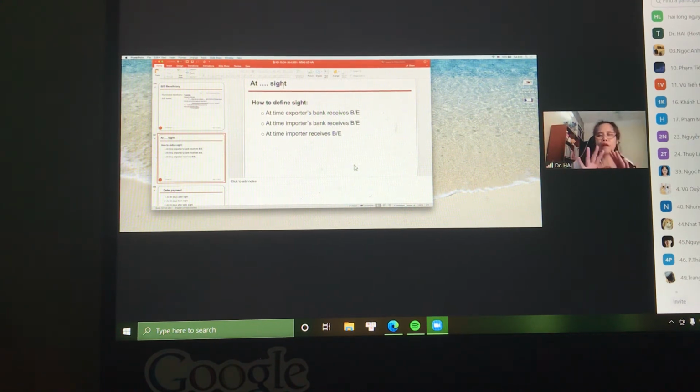Now on the slide we have three different times. First one is the time the exporter's bank receives or sees the bill. The second one is when the importer's bank receives the bill, and the next one is when the importer receives the bill. Okay, so now I give you an example in order to explain how to define sight time.